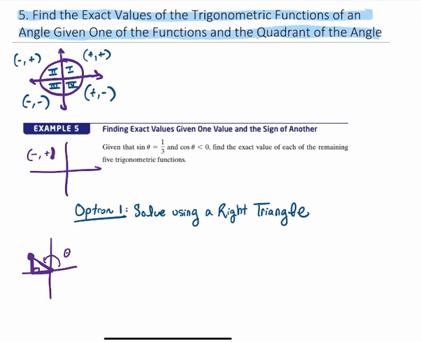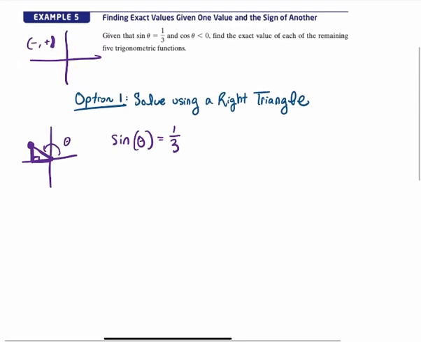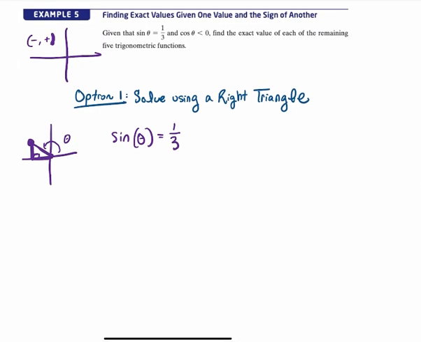So since we're given that the sine of our angle is 1/3, keep in mind that the sine is the opposite side length over the hypotenuse. So let's mimic this triangle in its particular shape. So it's some triangle that looks like this.